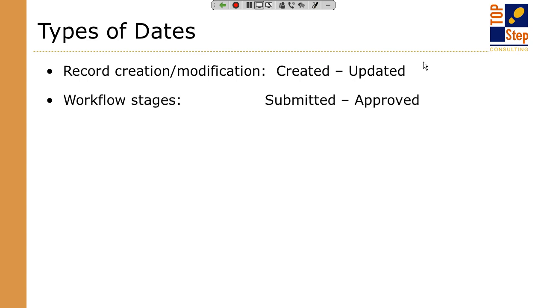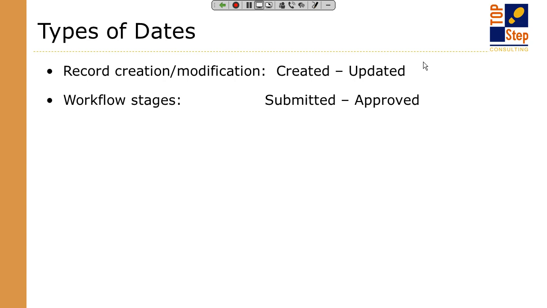Then the other type of date that I group together is dates that mean workflow completion. These are the submitted date and the approved date, and we're going to get into where you can find those dates, where they are very visible or used as filtering on reporting. So I call these workflow stages.